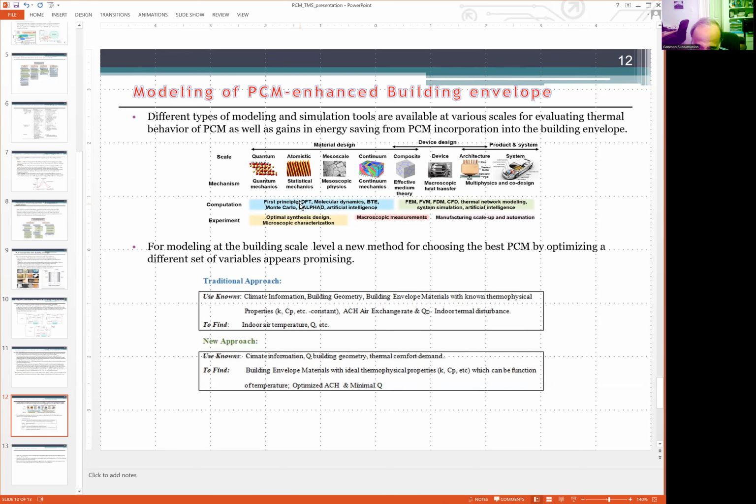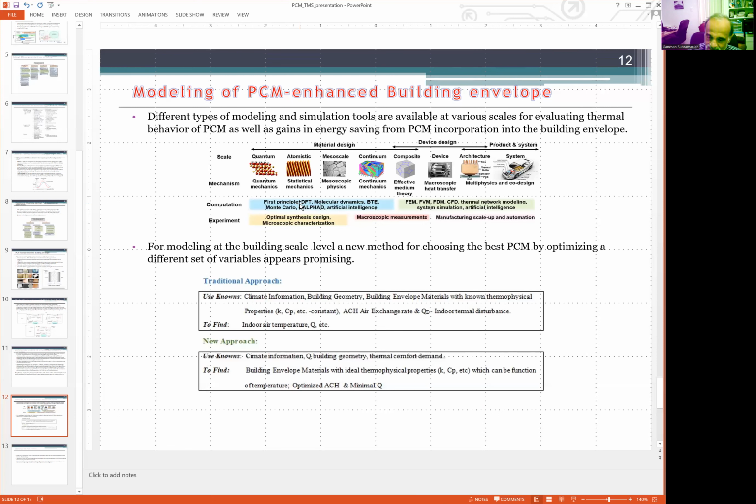And the traditional approach really requires an iterative approach in terms of picking the right materials. So the new approach basically puts these iterations into the modeling, where now we know climate information, building geometry, and thermal comfort demand.